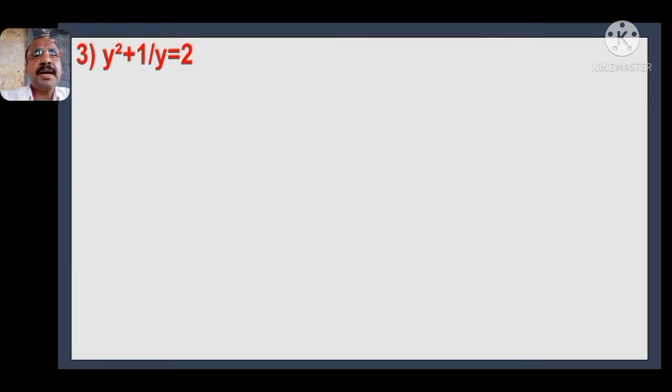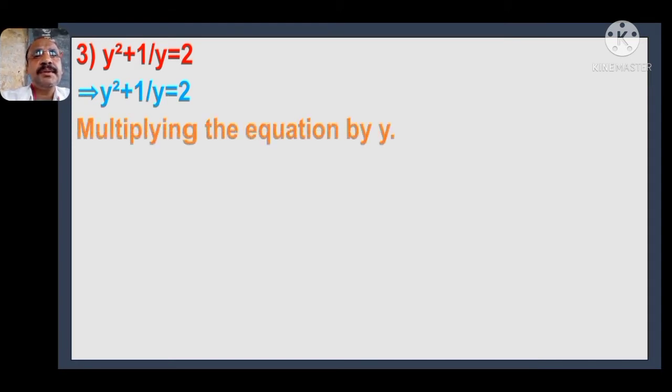Third one, y square plus 1 upon y is equal to 2. Now multiplying the equation by y, we get y square plus 1 upon y into y is equal to 2 into y.